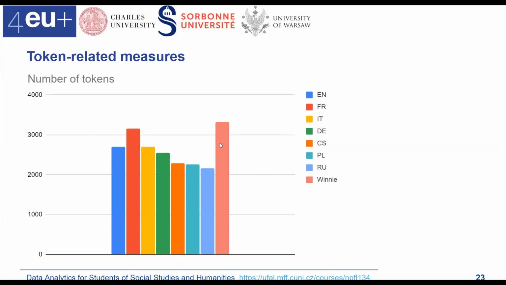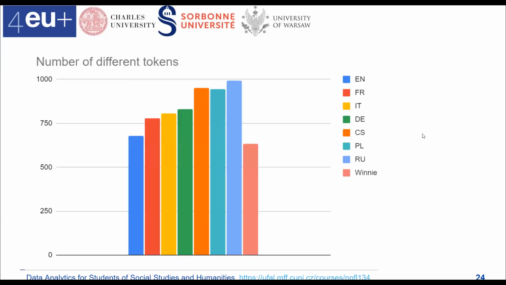So the next one, Bara, please. Next slide. Okay. So in the next slide, you can see how Quitup counted the number of different tokens. You can again see that Winnie the Pooh has a slight difference in the number of different tokens.